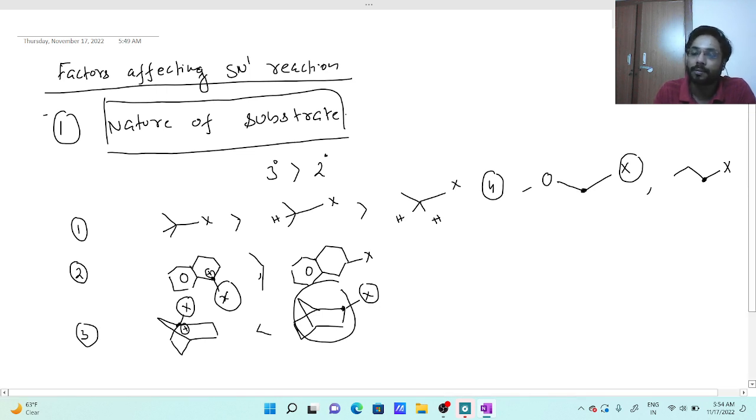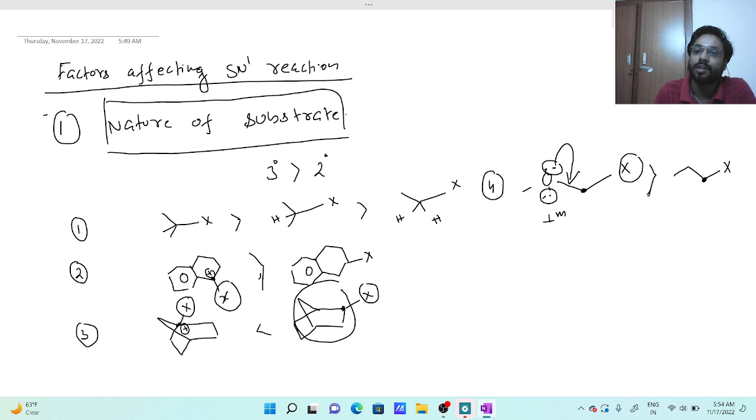The carbocation generated over this carbon will be more stable, isn't it? Because here electron can be donated by the oxygen, plus M effect is observed here. So the rate of reaction will be more for, sorry, this first substrate.